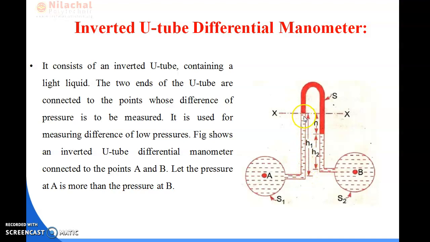It will give a thrust to the manometric fluid. The left side is at higher pressure, that's why it is giving thrust to the manometric fluid. For that reason, on the right side, the manometric fluid height increases.